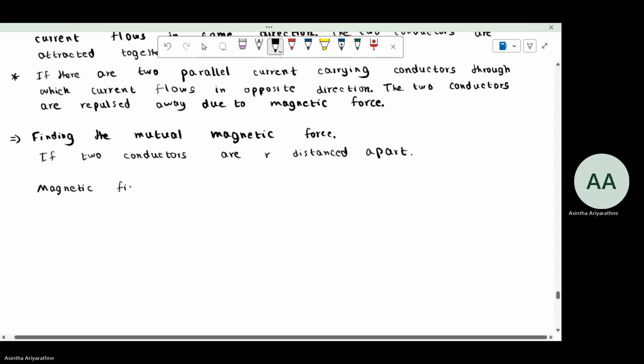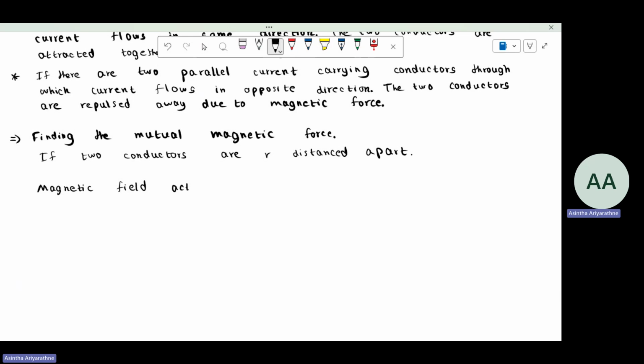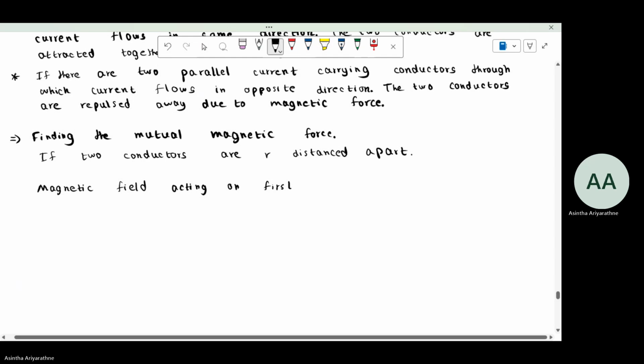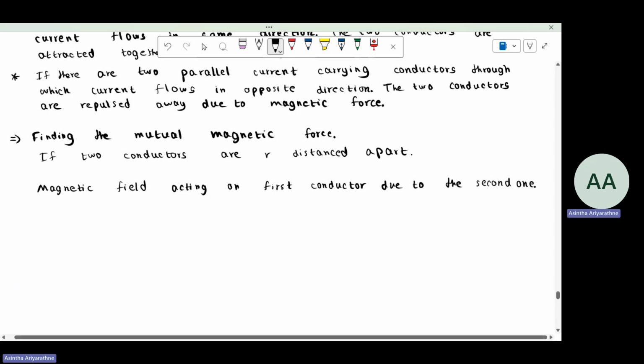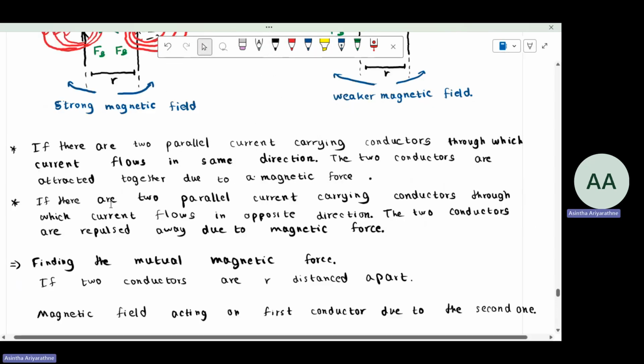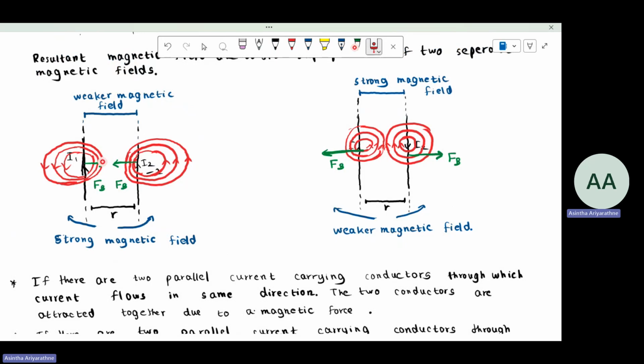Right, so I'm considering the magnetic field acting on the first conductor due to the second one.